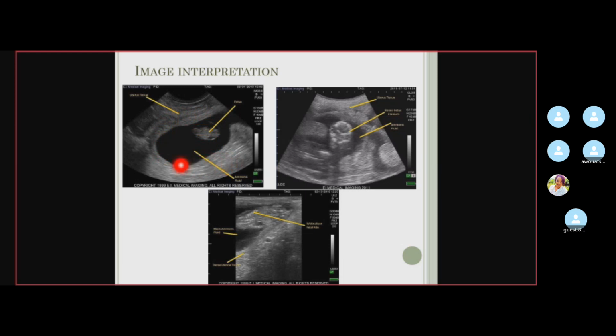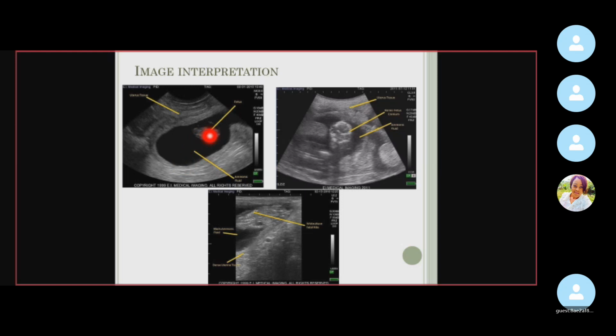So tissue will appear gray, fluid will appear black. This is also tissue, so it appears gray. In the second picture, you can see some hyperechoic white areas. These are not tissue, it is bone. This is the fetus, wherein it is the cranium, the head part of that baby.